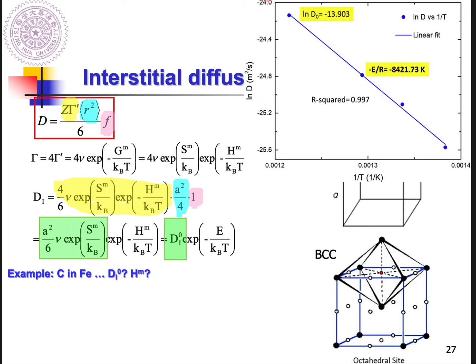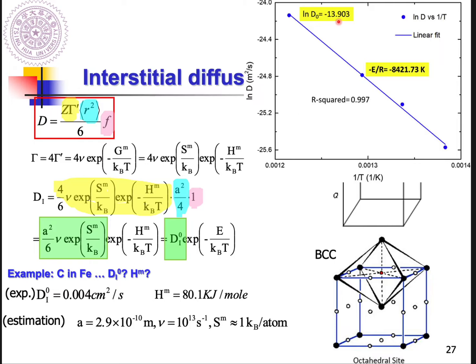And the intercept, log D0, you can also get, because after fitting you know how log D0 is expressed. So based on this result, we can get the D0 and the migration enthalpy term. This is what we get from the designed experiments, right? And you can also estimate the DI0 by checking the literature.